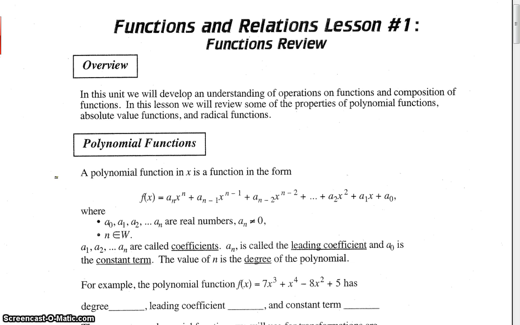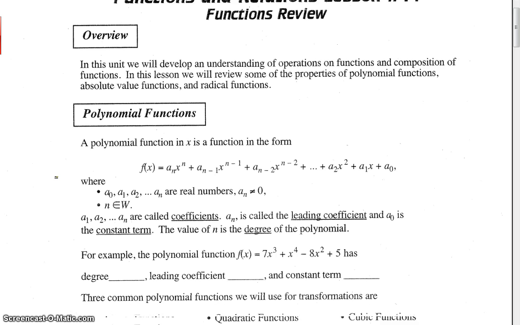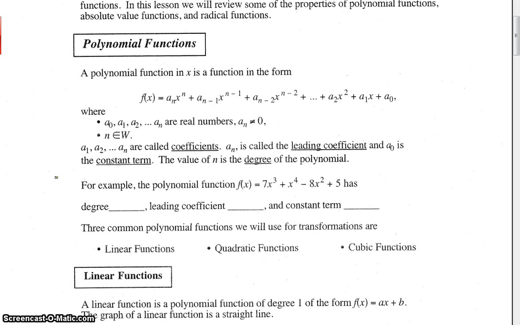So first of all, polynomial functions, what are they? Well, here's sort of a mathematical definition of polynomial function. It looks horrible, doesn't it? But if you look down here, this is really just an example of a polynomial function. One of the conditions it has to satisfy is that the coefficients in front of each term have to be real numbers.